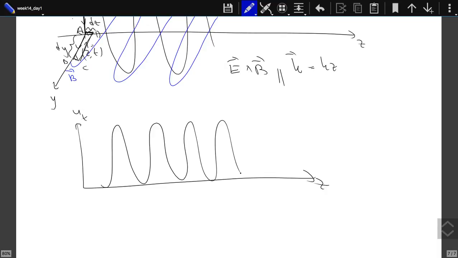There are regions where there's a large energy density, regions where there's a small energy density, large, small, etc. And this whole thing is moving with the speed of light. All of them are moving with the speed of light in the plus z direction, in the k direction.